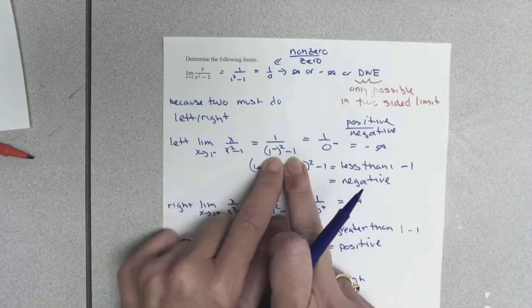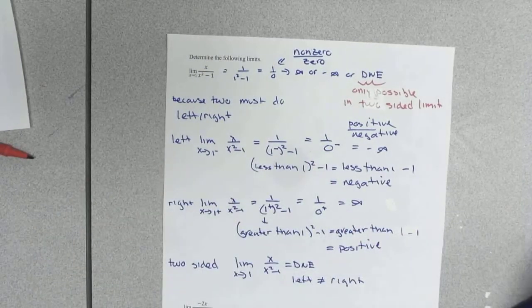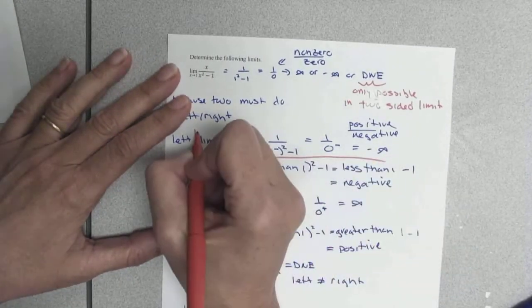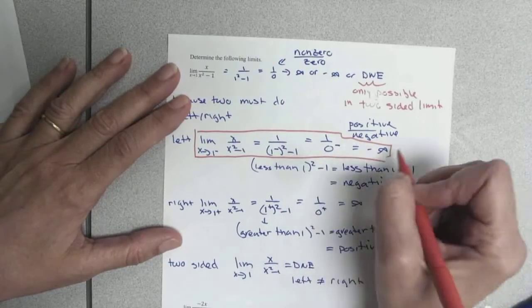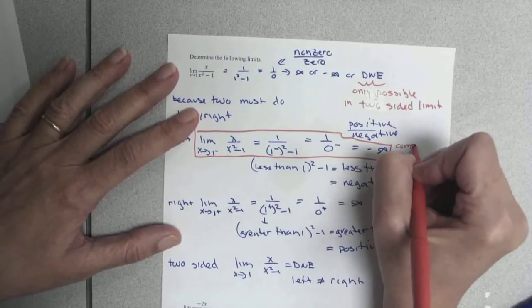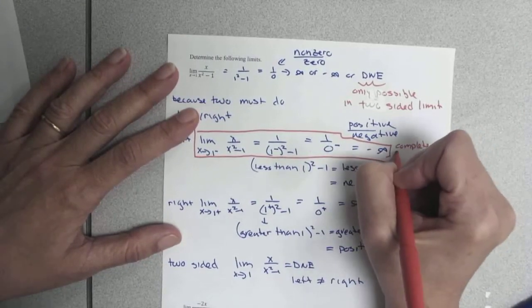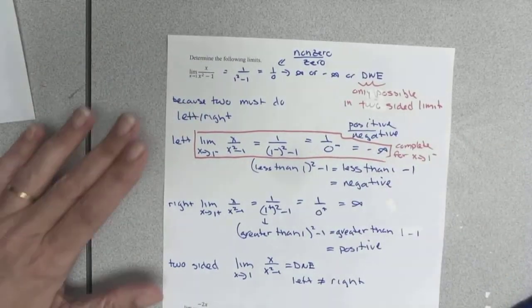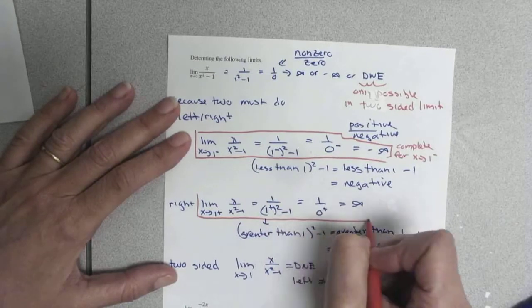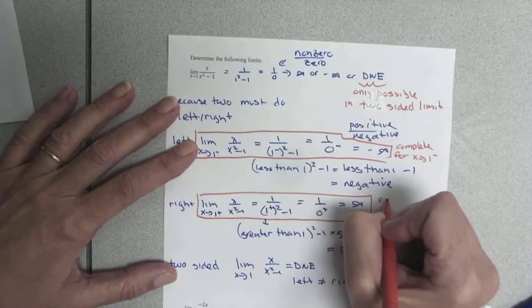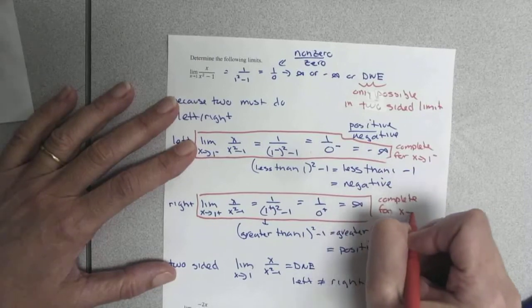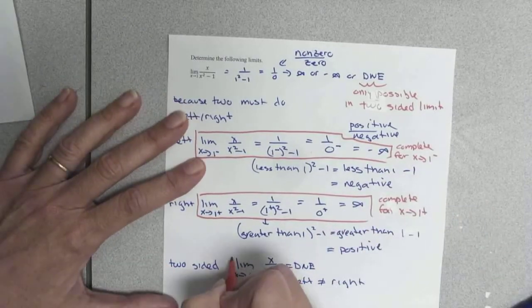Really this line right here, that is a complete solution. That's complete for x approaches 1 from the left. Similarly, this is complete for x approaches 1 from the right.